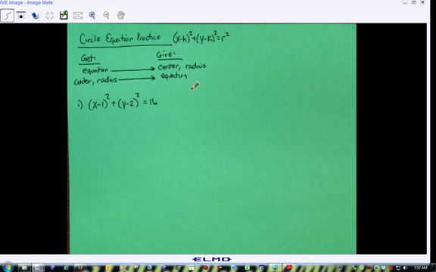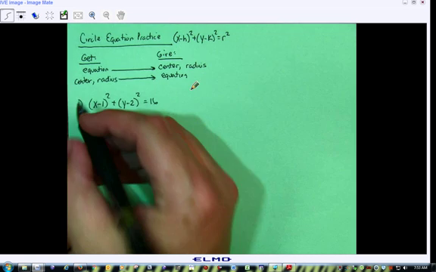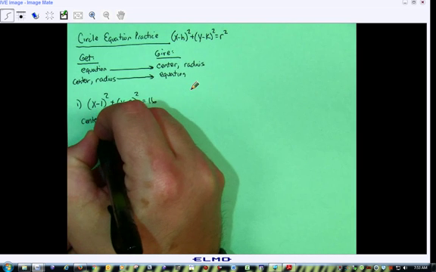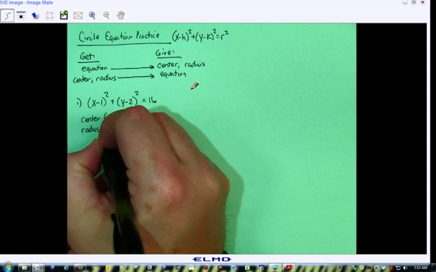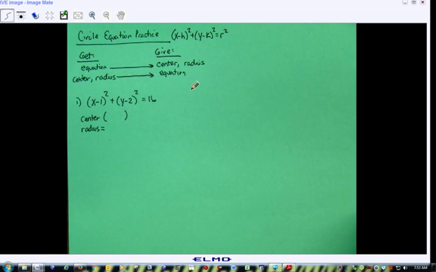Alright, first one's x minus 1 quantity squared plus y minus 2 quantity squared is equal to 16. I'll give you about 10 seconds to look this over. Alright.